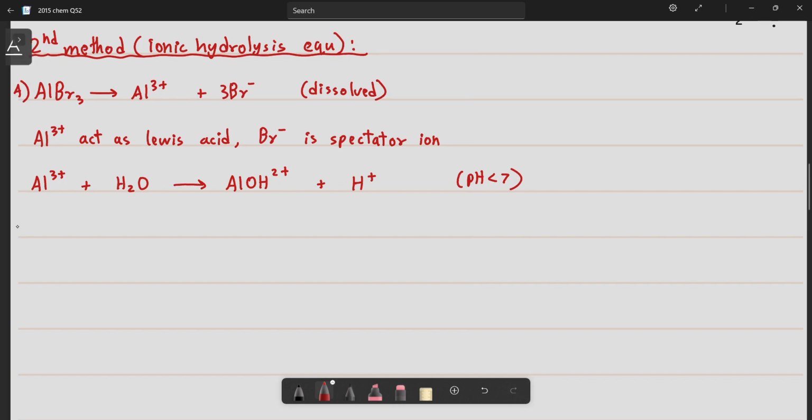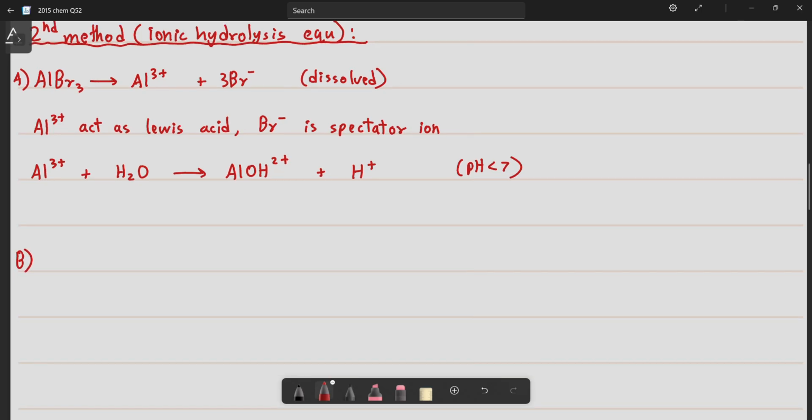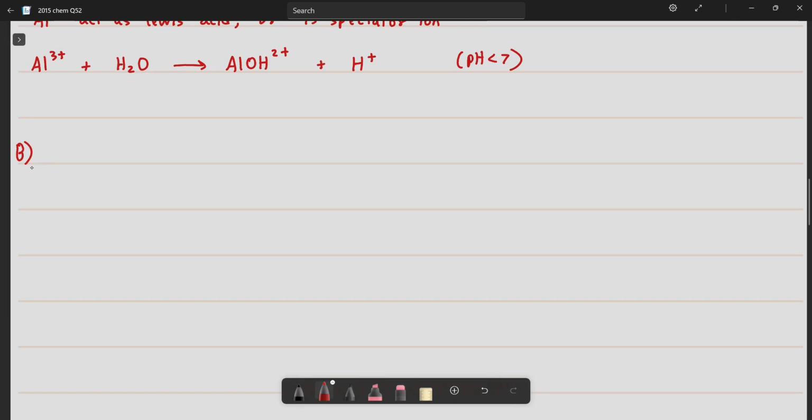For option B, it is sodium iodide. Sodium iodide will dissolve in water to form sodium ion plus iodide ion. So this is dissolved. Now, as we discussed before, sodium iodide forms a neutral solution, so there's no change in pH. So why is that?